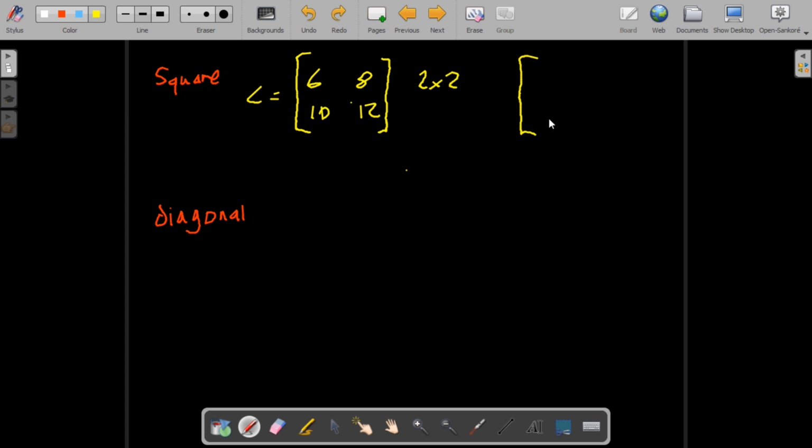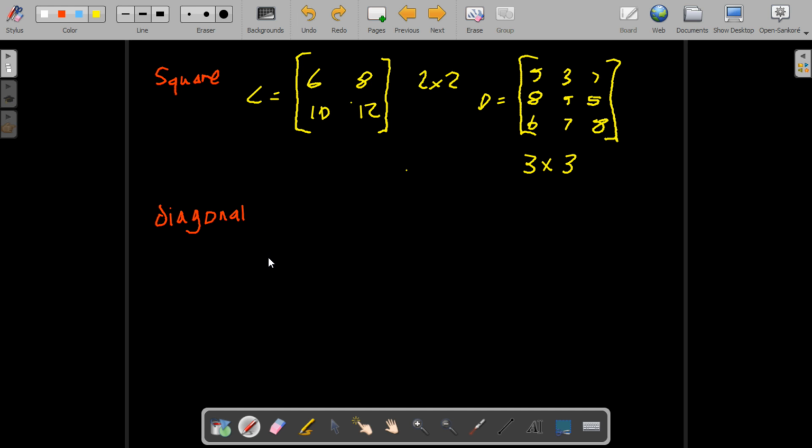I could have a 3 by 3. It doesn't matter what numbers I've got. This is matrix D. I've got 3 rows, 3 columns, so this is a square matrix as well. So there are examples of square matrices, and it can be as big as we want. It could be 6 by 6, 8 by 8, etc.